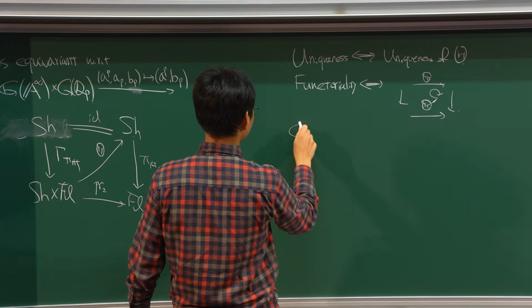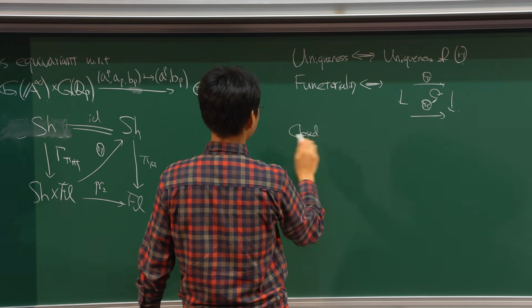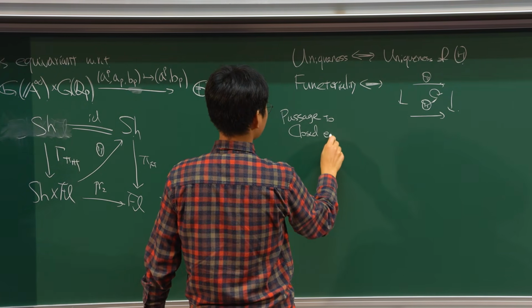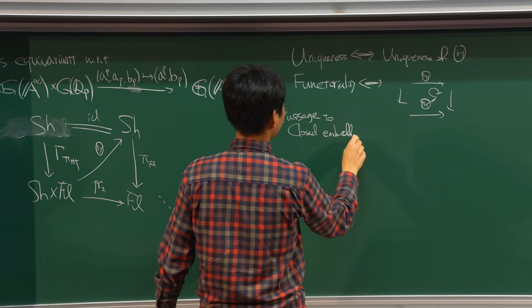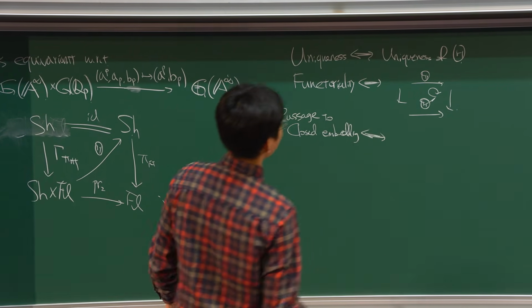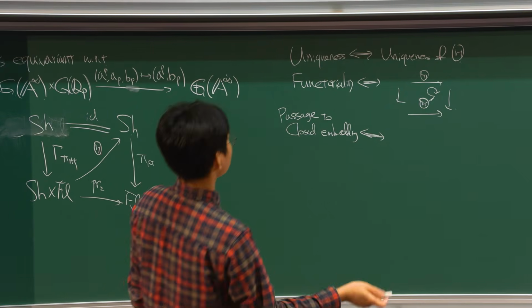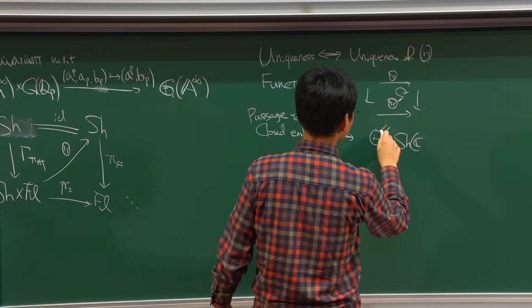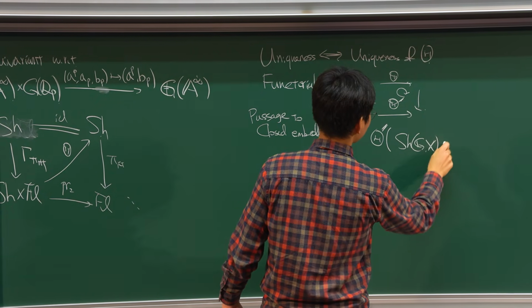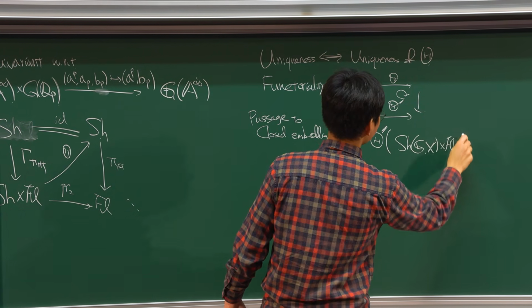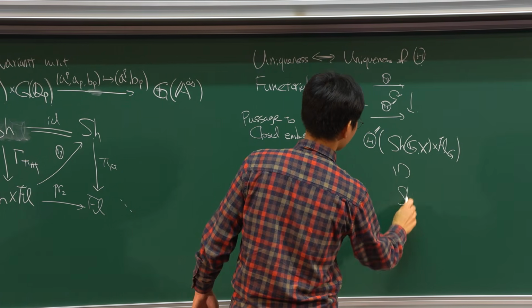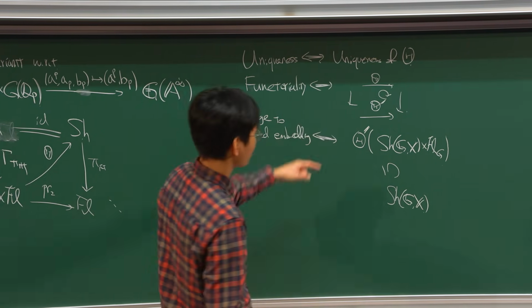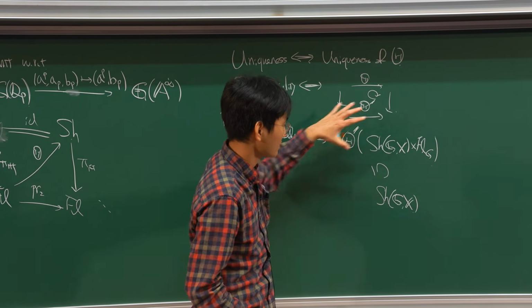Closed embeddings, passage to closed embeddings, is equivalent to: theta of some closed Shimura variety, theta prime of some closed Shimura variety times flag of G, is contained inside the Shimura variety of G, and theta prime is something bigger than that.